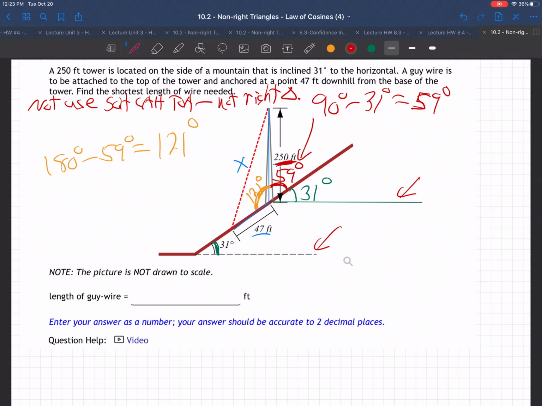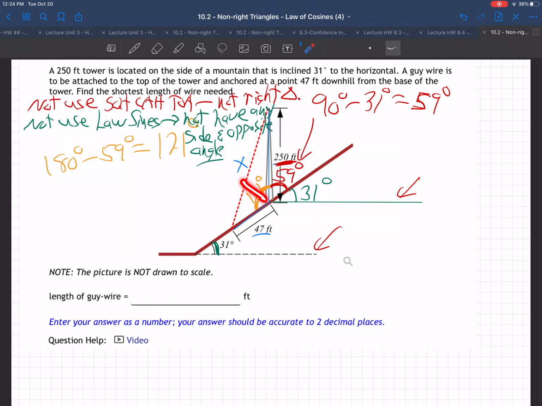And we also cannot use law of sines because we do not have any side and opposite angle. We never have a side and opposite angle, do we? We have this angle, but we don't know the side across. We have this side, but we don't know the angle across. We have this side, but we don't know the angle across.